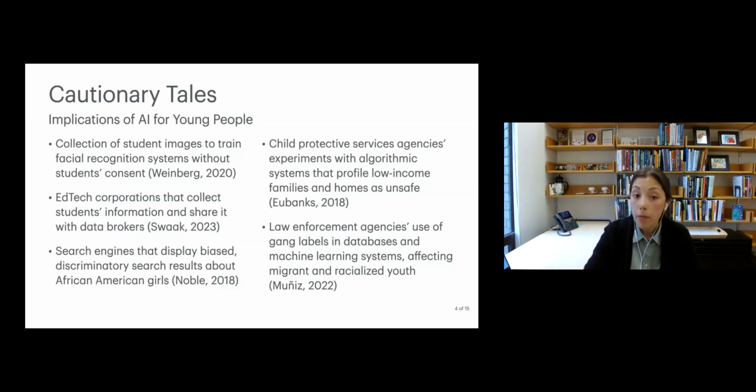Pointing out problems in cases like these can help us to talk about what we want to avoid and what we might want to work towards instead. So let me return to those ideas of privacy that we each have, which I asked you to think about. And in your own thinking and in the cautionary tales that I've just shared here, we're dealing with many interconnected ideas and issues.